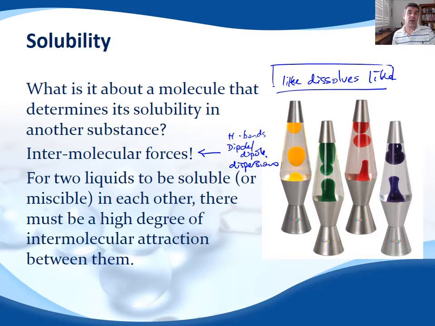If two liquids are going to be mutually soluble, or we will say they are miscible, they will mix together equally, then there must be a high degree of intermolecular attraction between them. Now, this can be dispersion forces between the two different molecules, or it can be hydrogen bonds or dipole-dipole interactions. And this is what we need to look at in a little bit more detail.